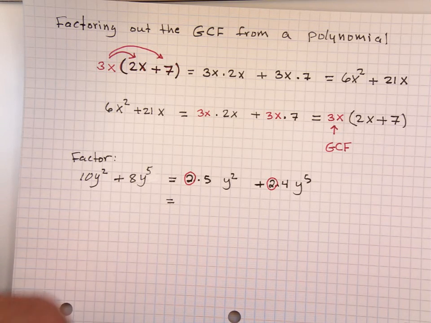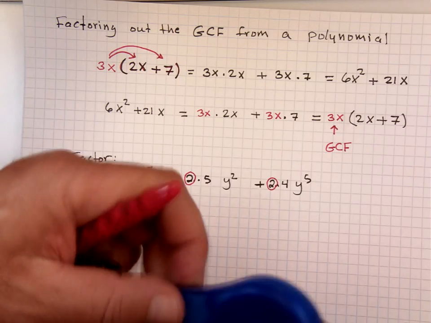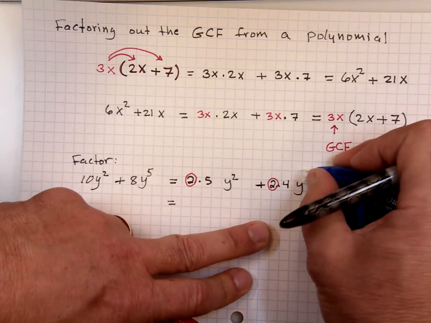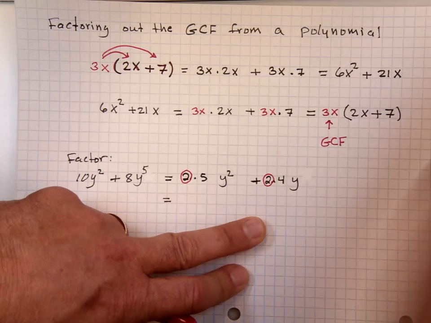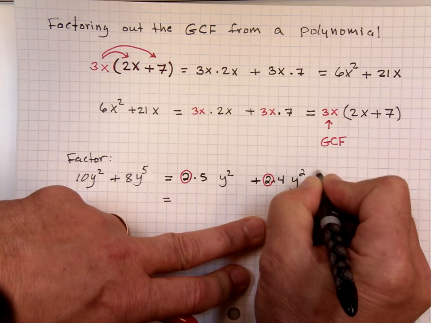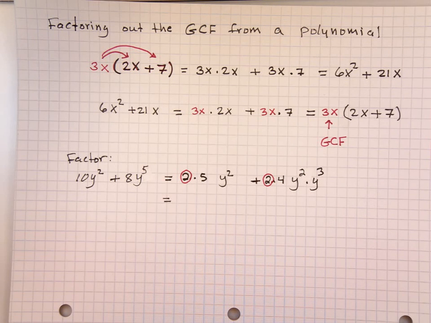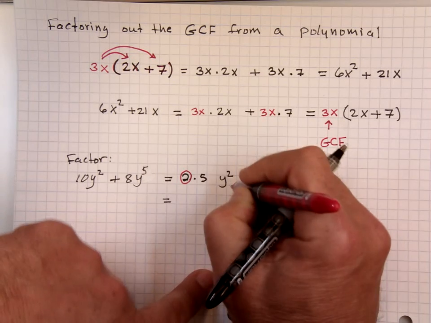Well, remember that y to the 5th, really I can write that as y squared times y to the 3rd. Remember, when you multiply, you add your exponents. So now you can see they also have y squared as common.